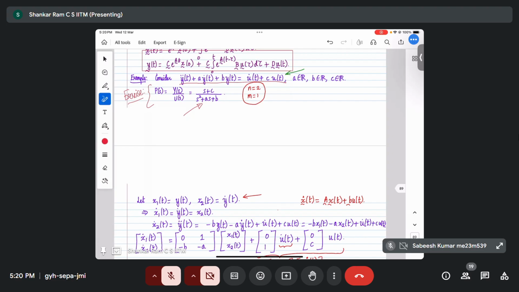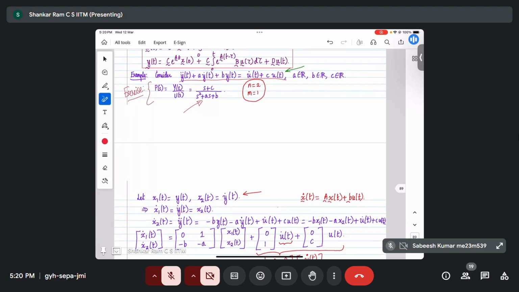All right. Now, how do we take the state space representation? If you recollect how we do the state space representation, when we did the example of the mass spring damper system, we took the output displacement y and the speed y dot as two states.